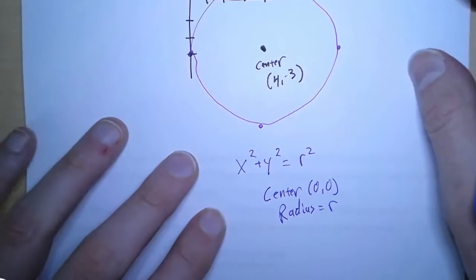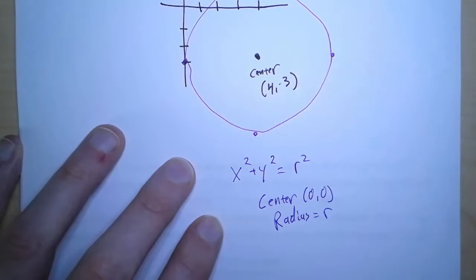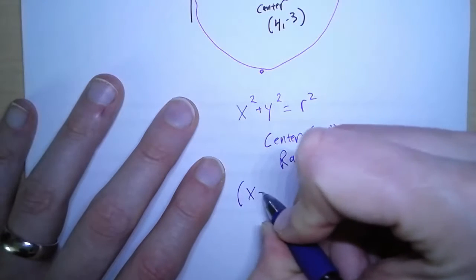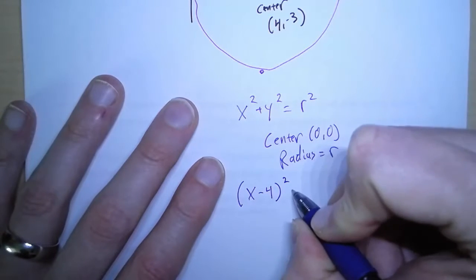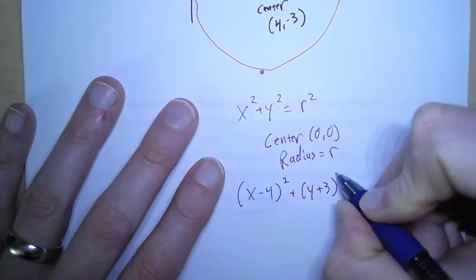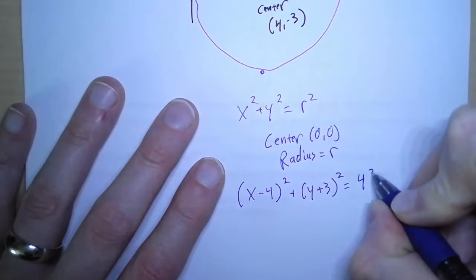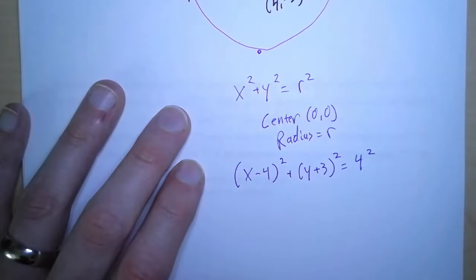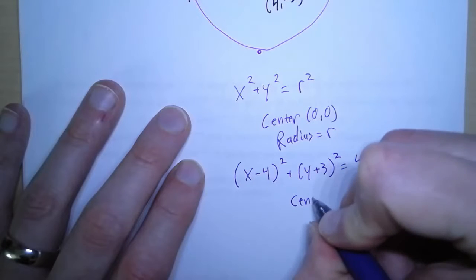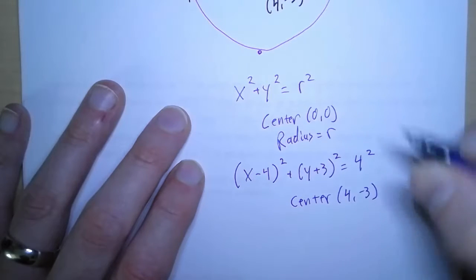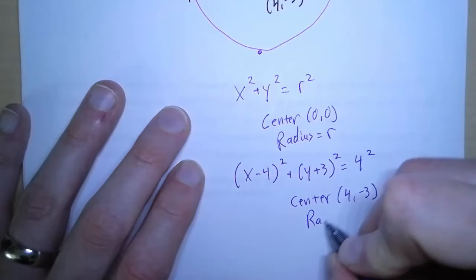So that means our equation for this circle is a little different. It's going to be (x minus 4) squared plus (y plus 3) squared equals 4 squared. So now our center is at 4, -3 with a radius of 4.